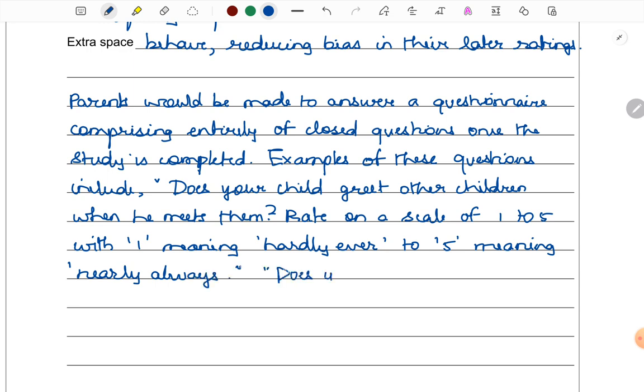Does your child smile at other children?